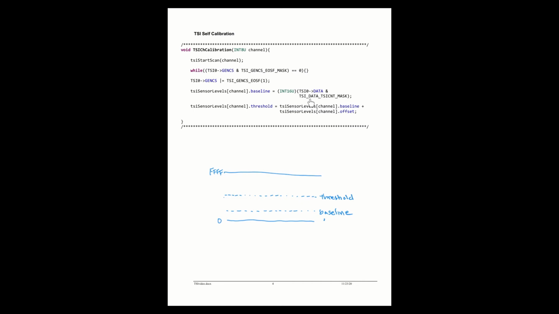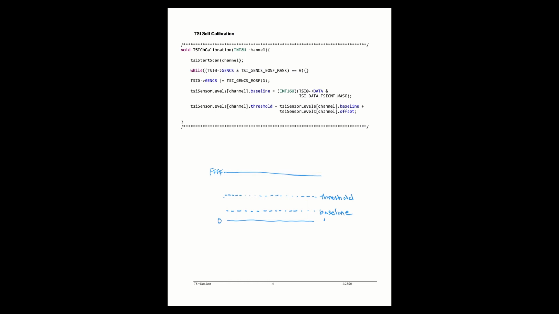So we did a scan, and of course this calibration cannot happen if you're touching the sensor, right? This calibration has to happen when we're not touching the sensor. So this will be the non-touch, that's the baseline, that's the no-touch baseline value. And then the threshold value we calculate by taking the baseline and adding an offset. This offset in my demo code is a constant, and it often is.